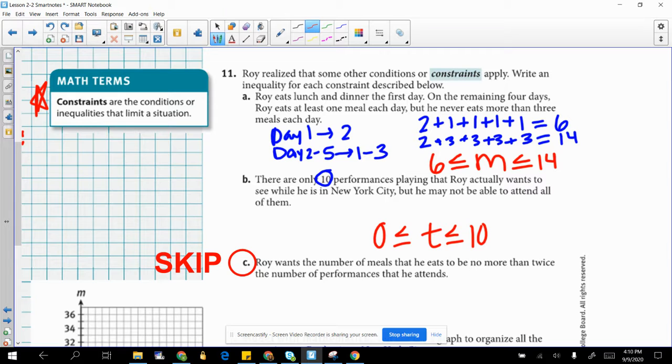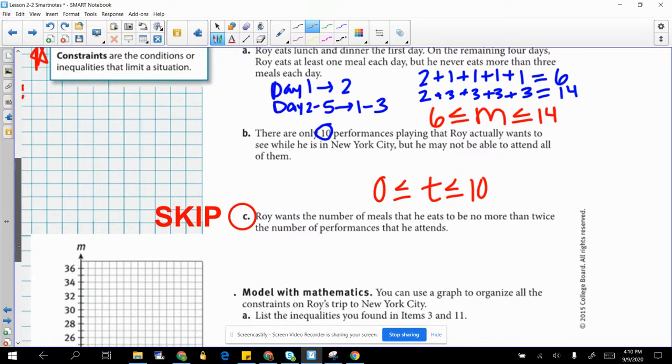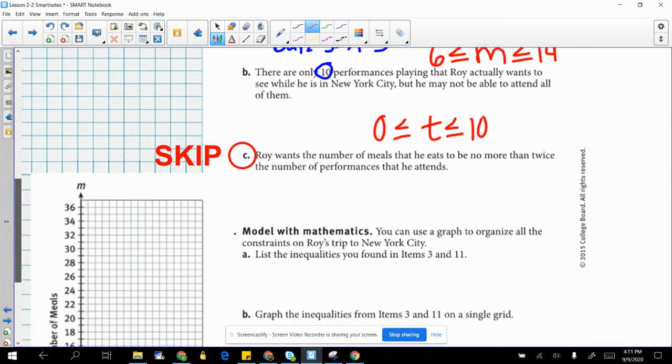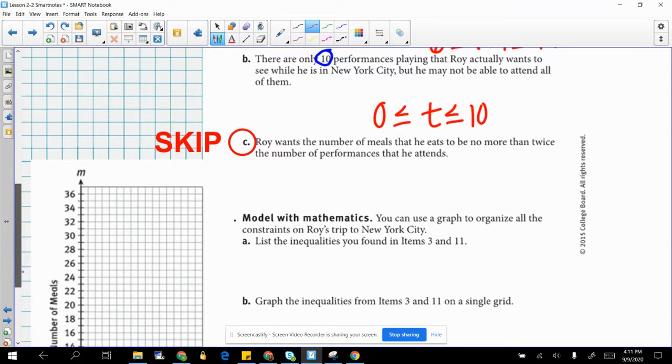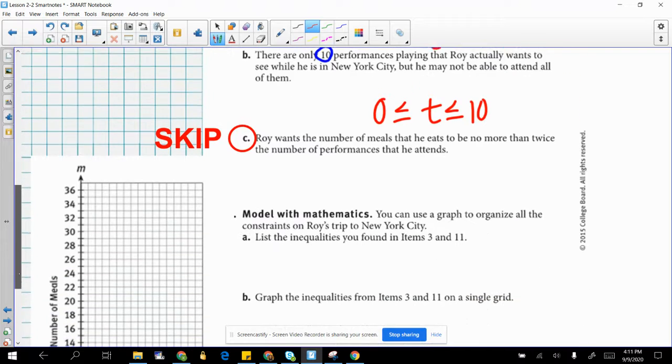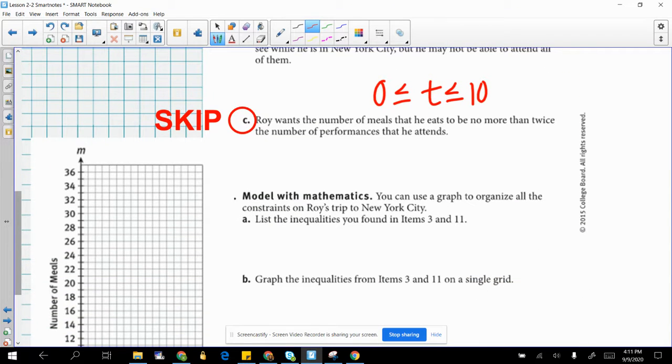I challenge you guys to try part C if you'd like, but we're going to skip that for right now. And we are going to go to part 12A, where it says to list the inequalities that we found in items 3 and 11. Item 3 was that original inequality that we found, so 100T plus 40M is less than or equal to 1360.